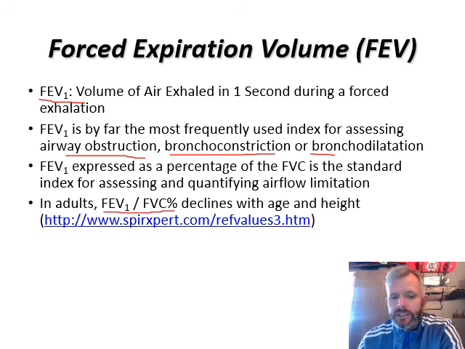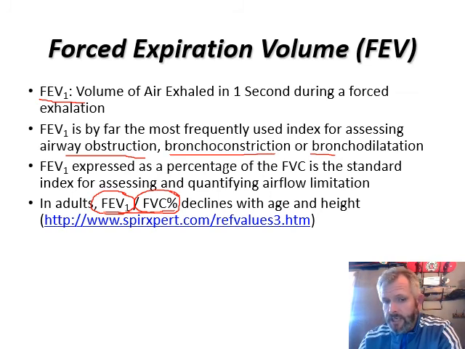We would take the ratio FEV1, how much was I able to force out, over how much, what is my vital capacity? How much do I naturally force out given as much time? That's FVC. How much can I forcefully exhale?